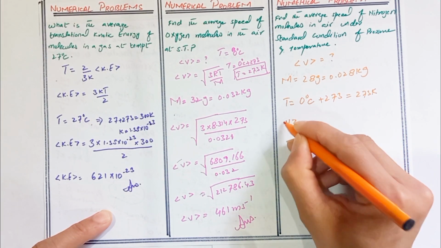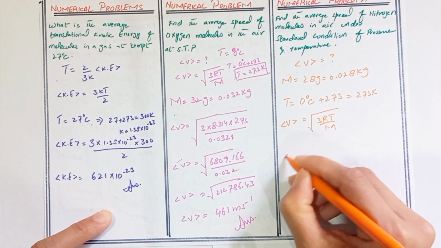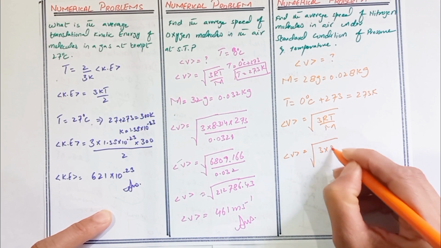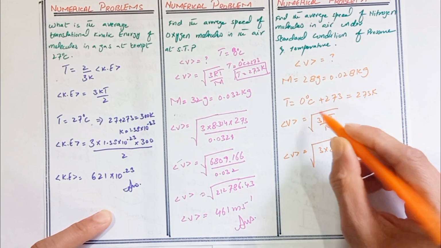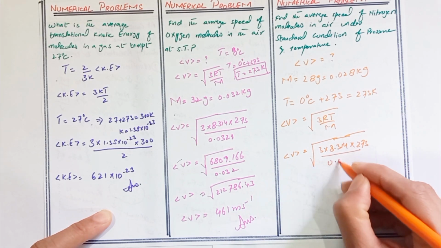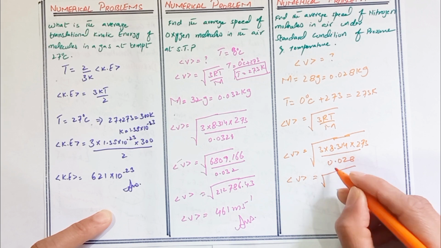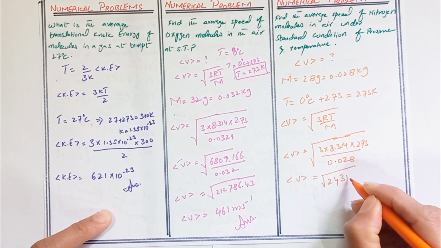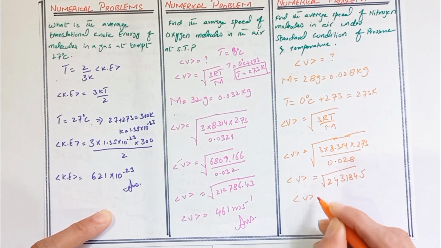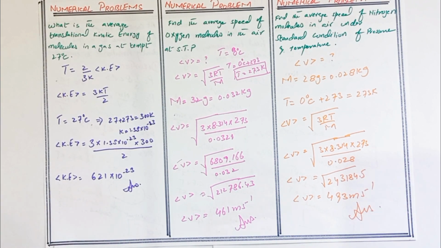So average speed is equal to √(3RT/m). R is 8.314, temperature is 273 and mass is 0.028. Under the root we get 243,184.5. If we simplify it, we get the answer 493 meter per second. That is the average speed of nitrogen.